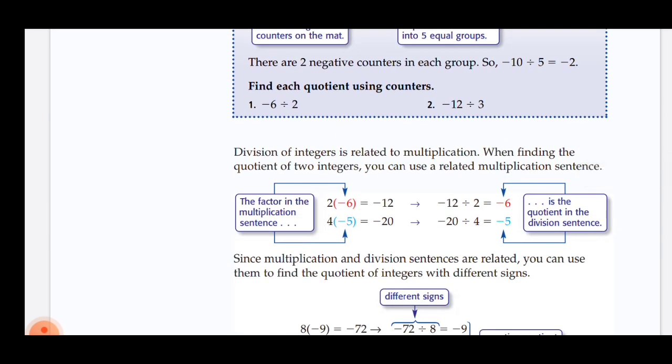Division of integers is related to multiplication.